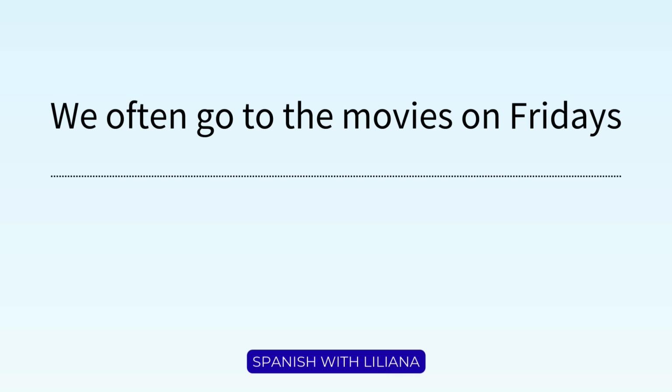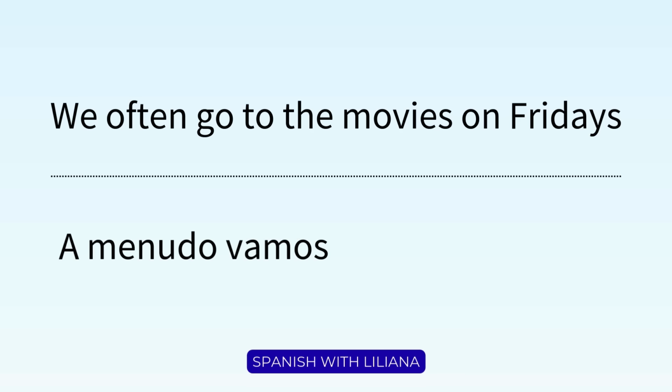All right, these sentences will get harder. How would you say in Spanish, we often go to the movies on Fridays? We can start with the pronoun, although again, it's not needed, so we could say nosotros or nosotras for we, and often is translated as a menudo. Because we're using nosotros, we have to conjugate the verb to go, and it would be vamos.